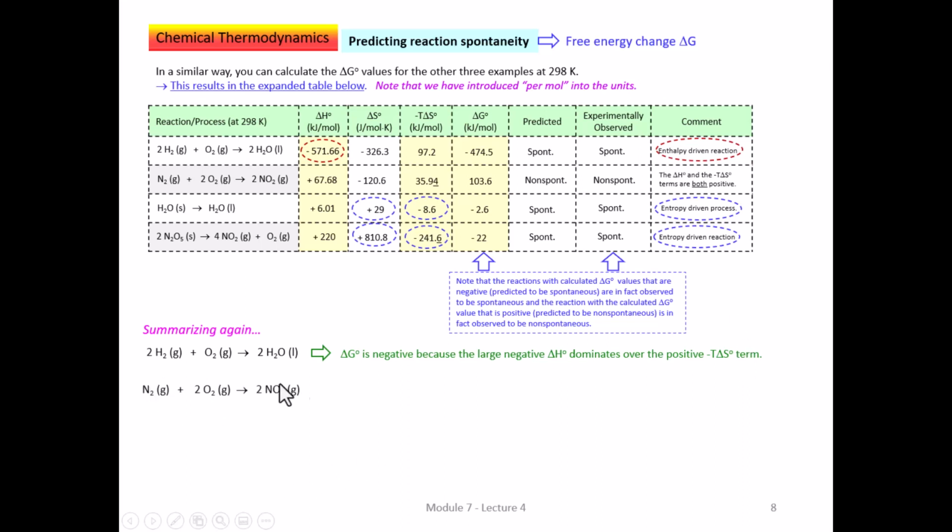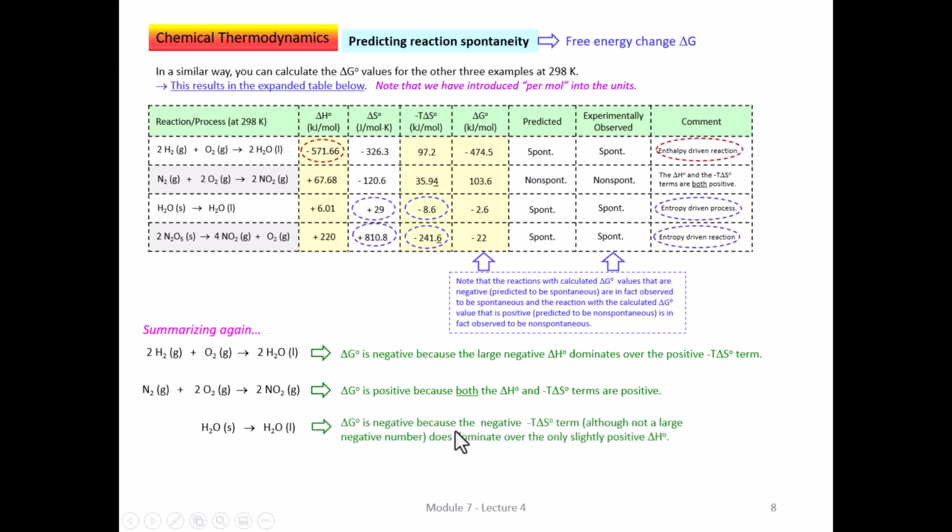Nitrogen and oxygen forming NO2. Delta G is positive because both the delta H and the minus T delta S terms are positive. Ice melting to water. Delta G is negative here because the negative minus T delta S term, although not a large negative number, does dominate over the only slightly positive delta H term.